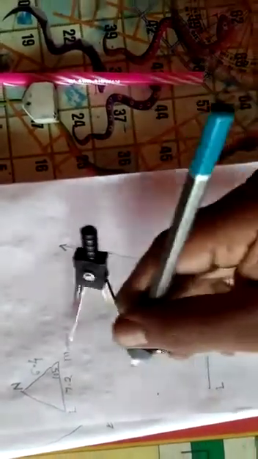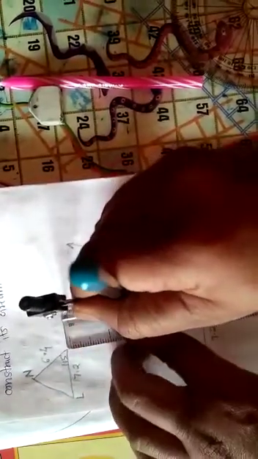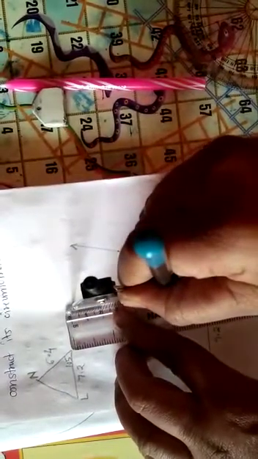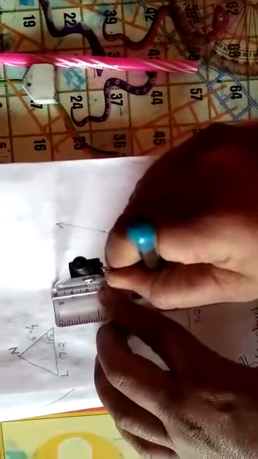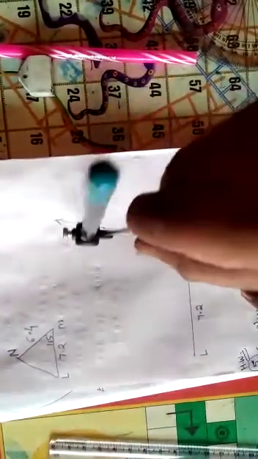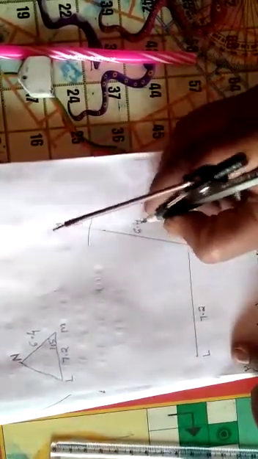Now how much is MN? MN is 6.4. So measure MN, 6.4 centimeters, and draw an arc from point M of 6.4 centimeters.